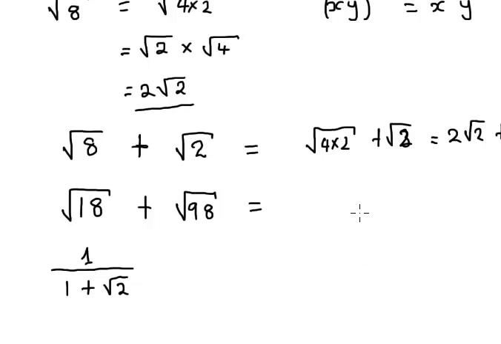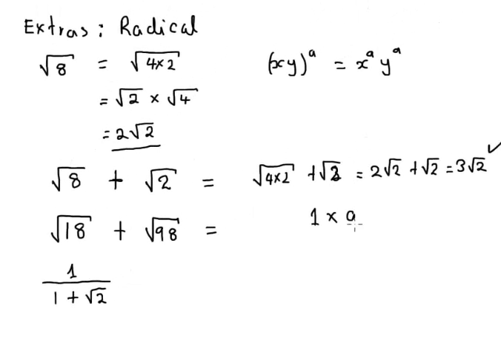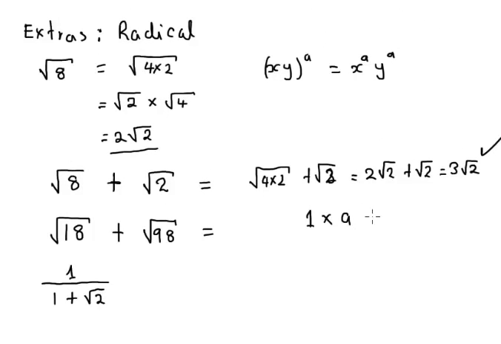Now, let's come back again to properties of numbers. 1 times a number, and 1 is a number, is equal to a times 1, is equal to what? A. Now, remember, a number like square root of 2, we call it an irrational number. Yes or no?